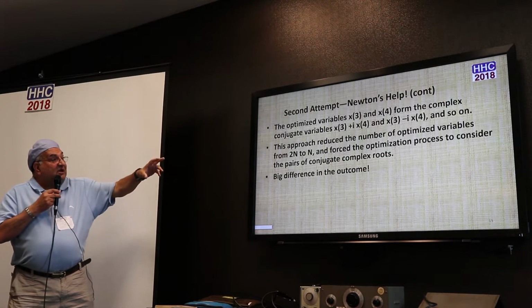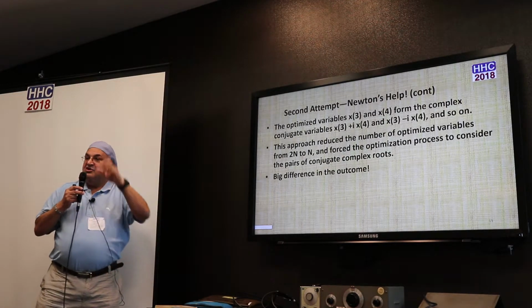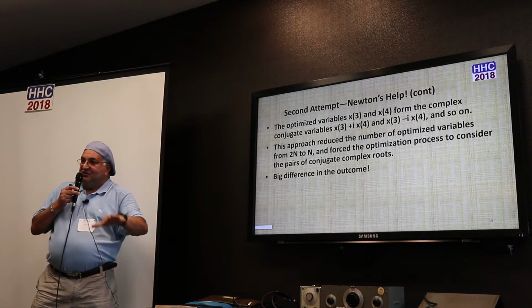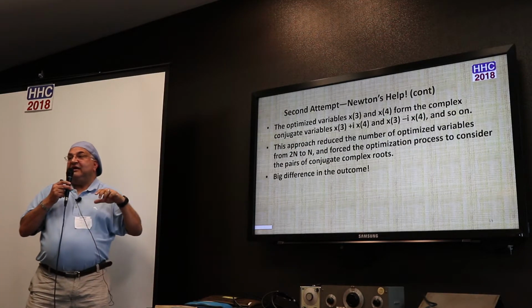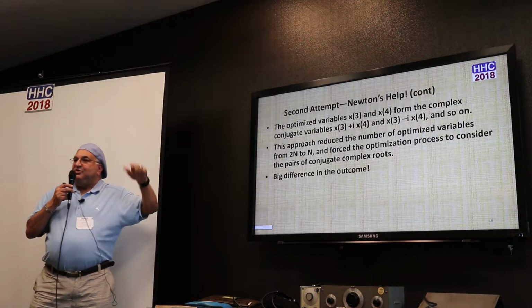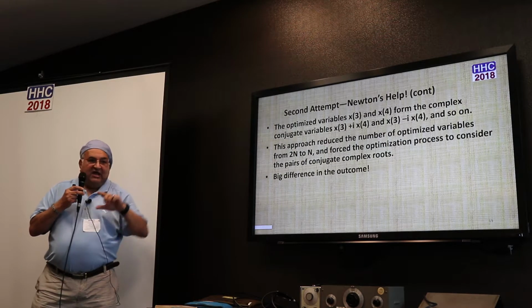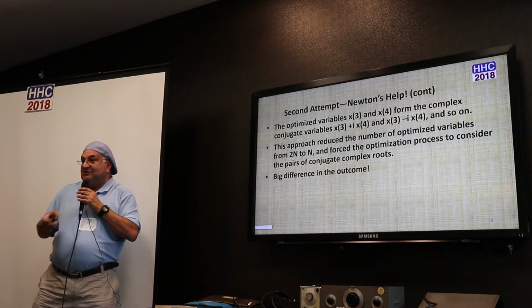This reduced the optimized variables from 2n down to n. So first of all, I brought the number of optimized variables to n. That helped. And then I coded the optimization function to keep track of the fact that I'm using complex conjugate roots, and that made a big difference in the outcome.